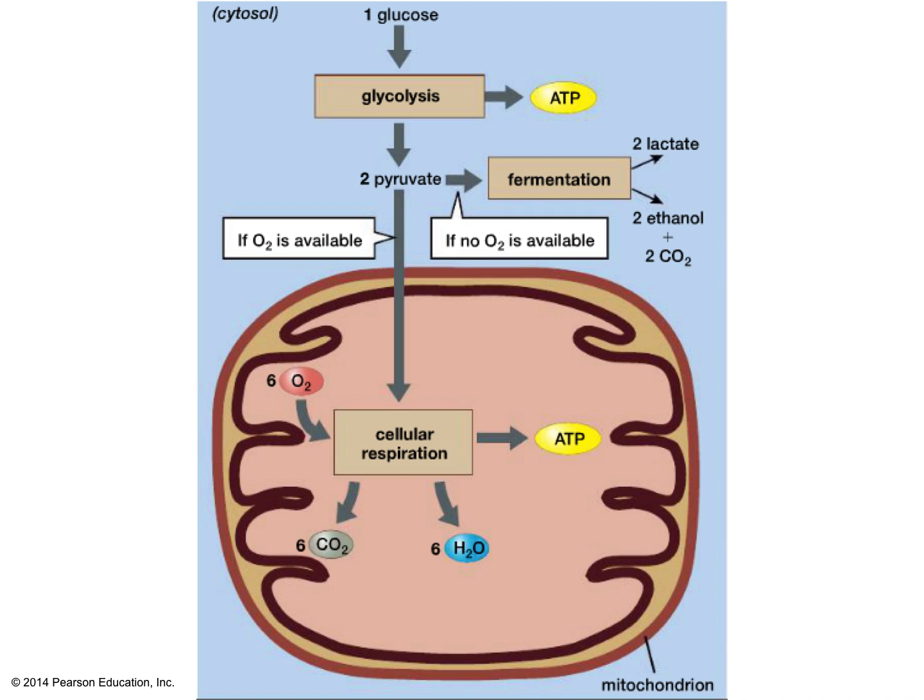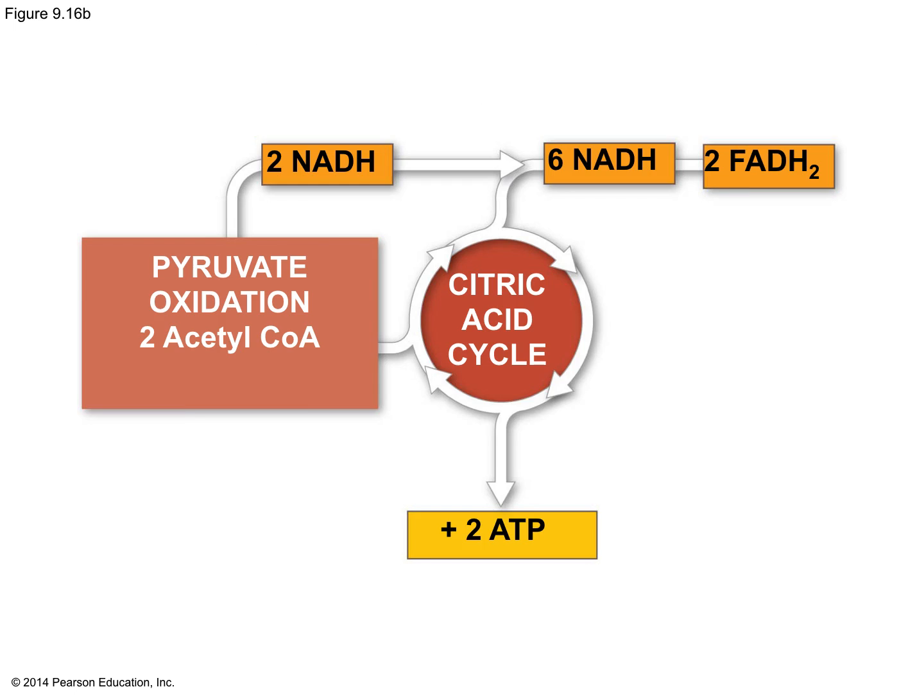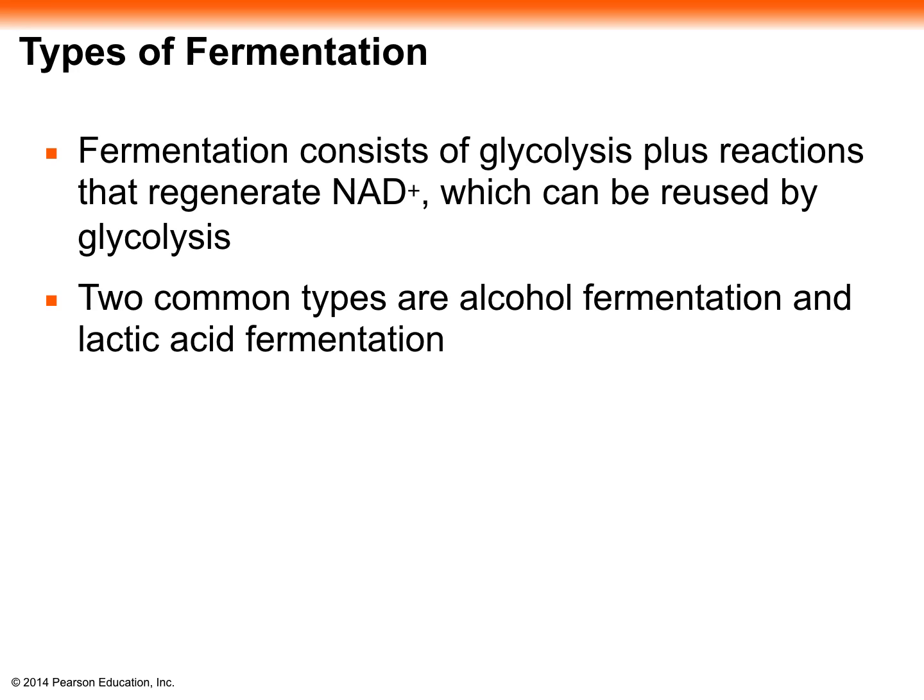But if we don't have oxygen, we can still get some energy out of it, and have the pyruvate enter fermentation. Let's look in detail at the steps of fermentation.